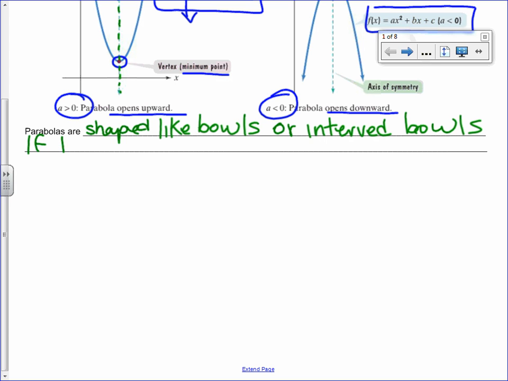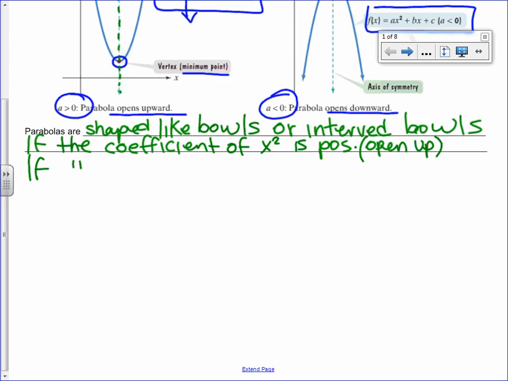If the coefficient of x squared is positive, the parabola will open up. And if the coefficient of x squared is negative, the parabola will open down.